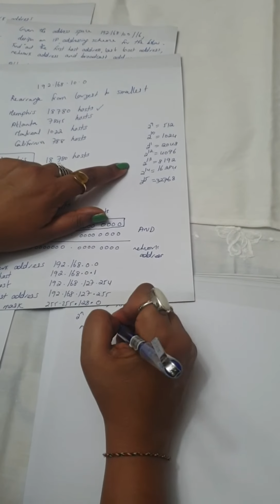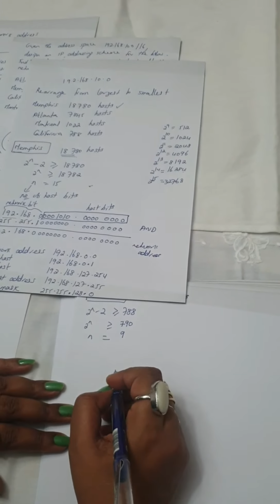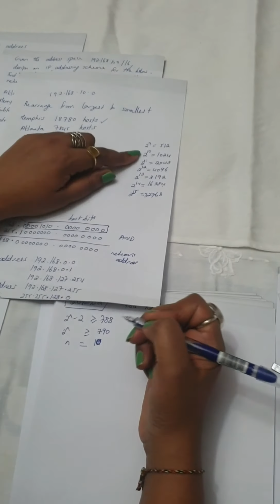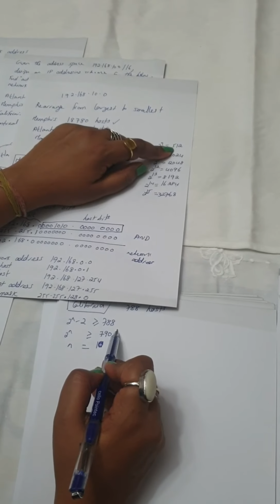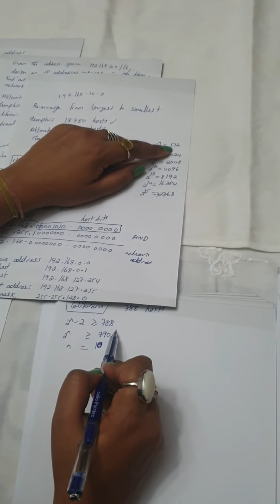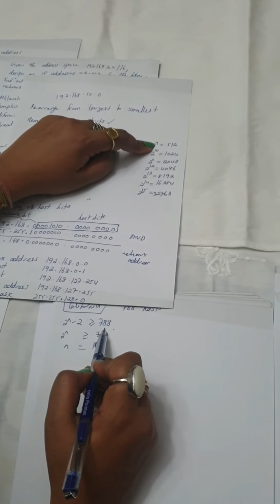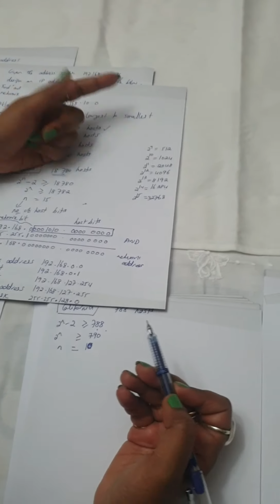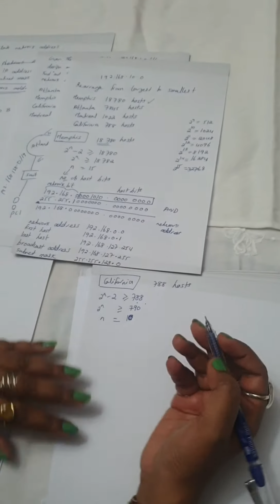So n is equal to 9. No, n is equal to 10 because it has to be greater than 788. 512 is lower than 788, so it cannot be 9. Since it's greater than 512, n is equal to 10.